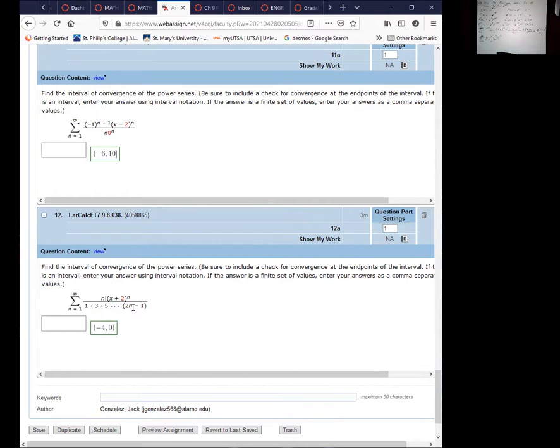Did you want to do it, or do you see how to do it? So for my limit, I got the limit from n to infinity of n plus 1 times 2n minus 1 times x plus 4 over 2n plus 1.